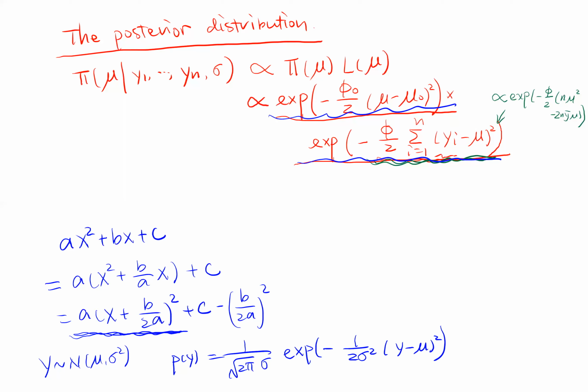Once you do that, you will have some terms of mu squared and some term of mu. If you complete the square, you might be able to recognize what the new mean should be, because that will be the posterior mean.